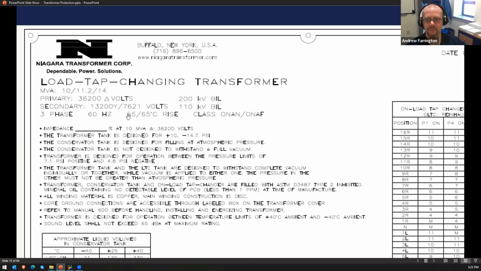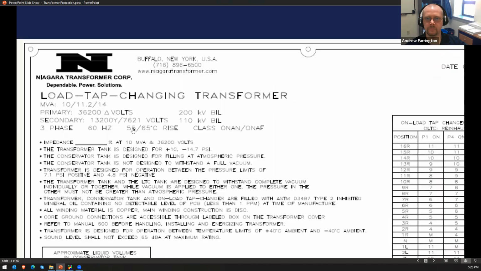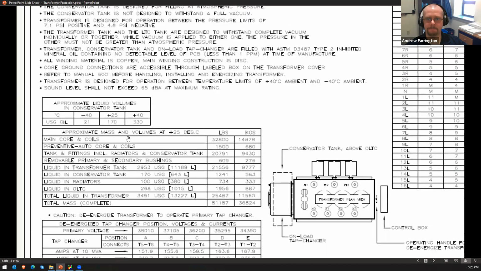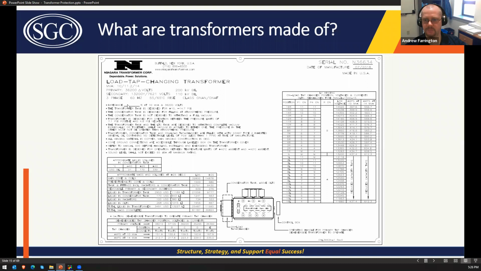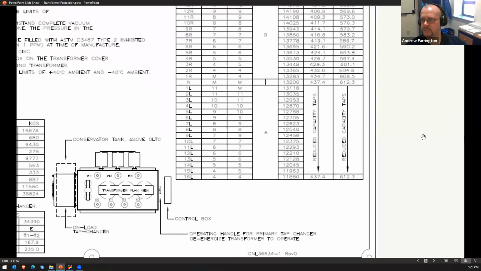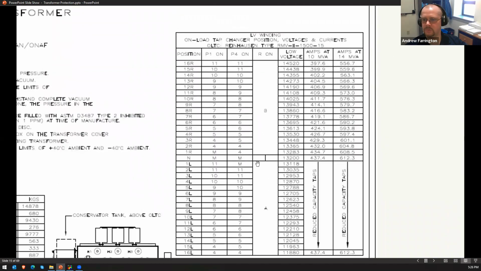And then this particular transformer has 2 temperature rise ratings. So this 14 is actually at the 65 degree rise. You have your percent impedance. This one didn't have it yet because it hadn't been tested at the time. These are your LTC tap positions.